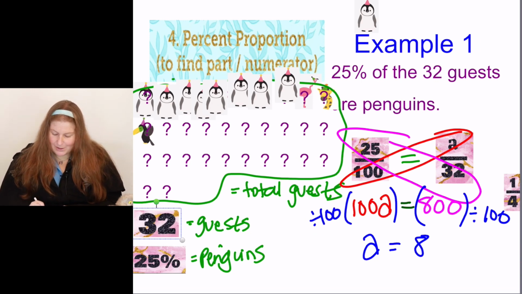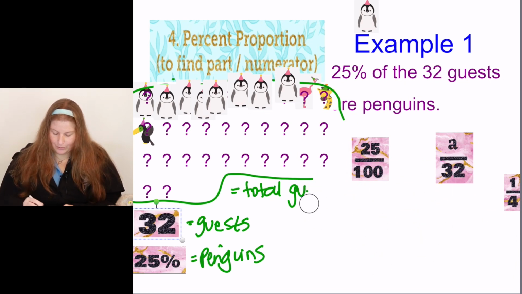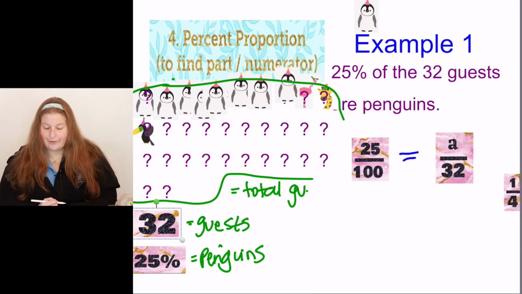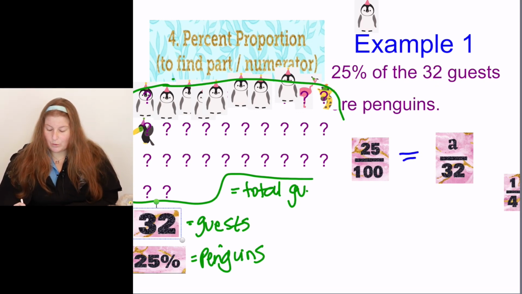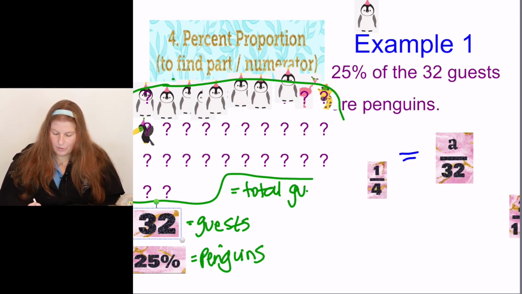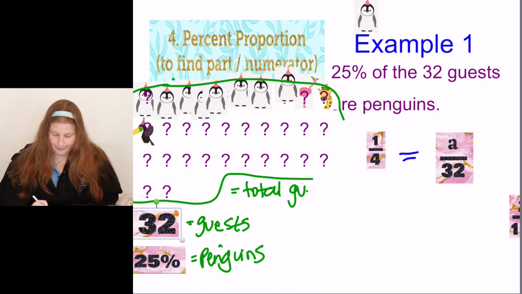Another variant you could use to solve this is, instead of saying that 25 out of 100 is equal to a over 32, you could use what you know to be an equivalent fraction. You know that 25 over 100 is the same as 1 out of 4. So you also could put 1 out of 4 is equal to a over 32.